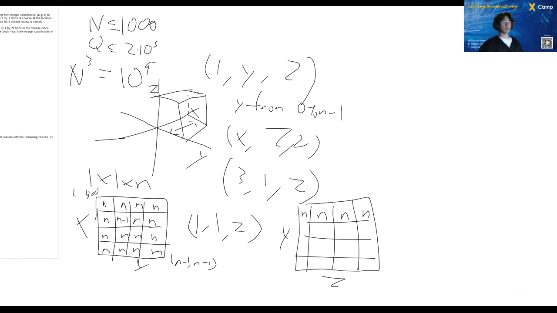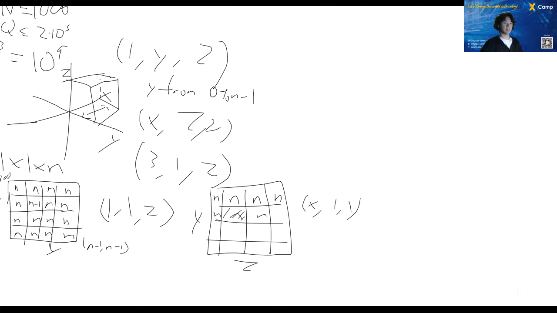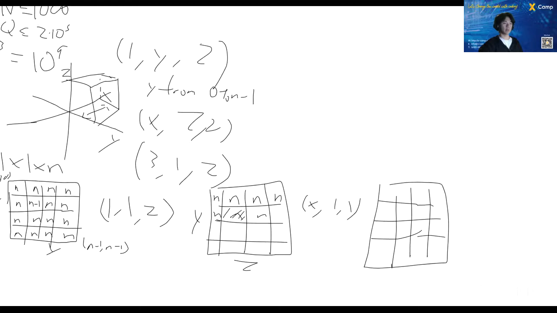Every block here represents any cell of the form any X with 1, 1 for Y and Z. And then similarly, we have an XZ plane as well, where this block would represent 1, Y, 1.